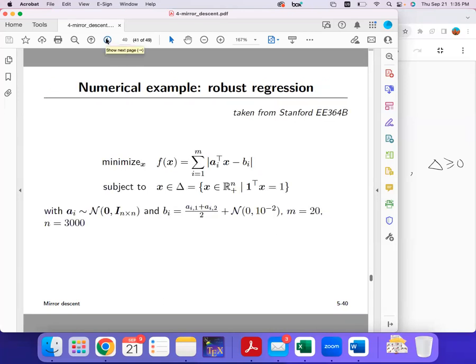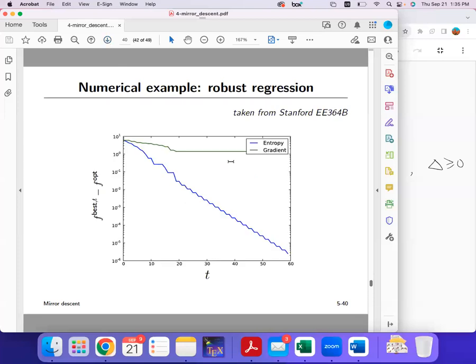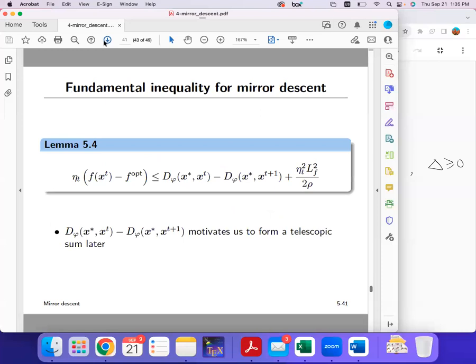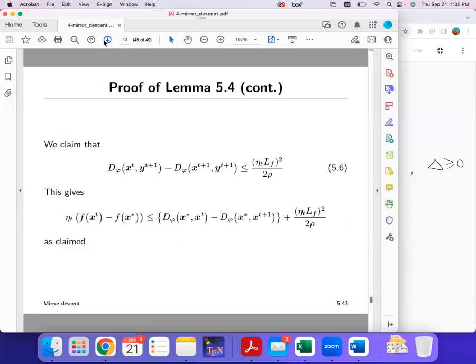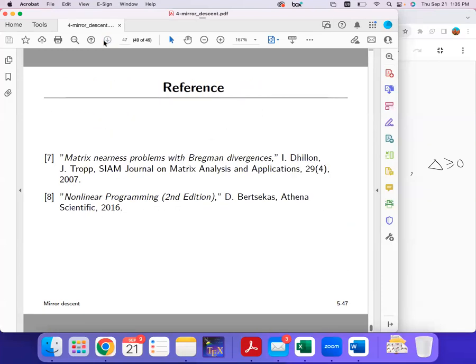For this robust regression example, we are looking at 20 samples, 3,000 dimension, not very big. There's a huge difference, right? The y-axis is in the log scale.